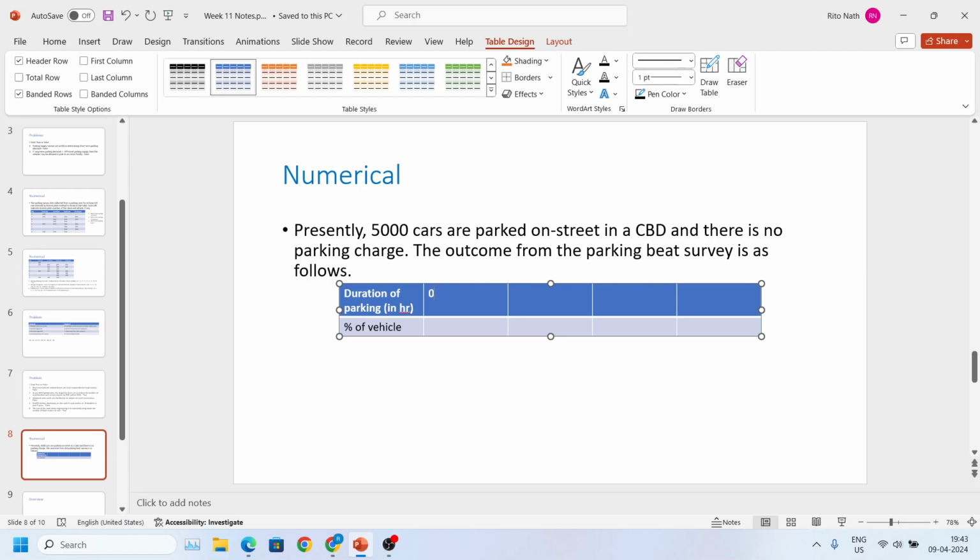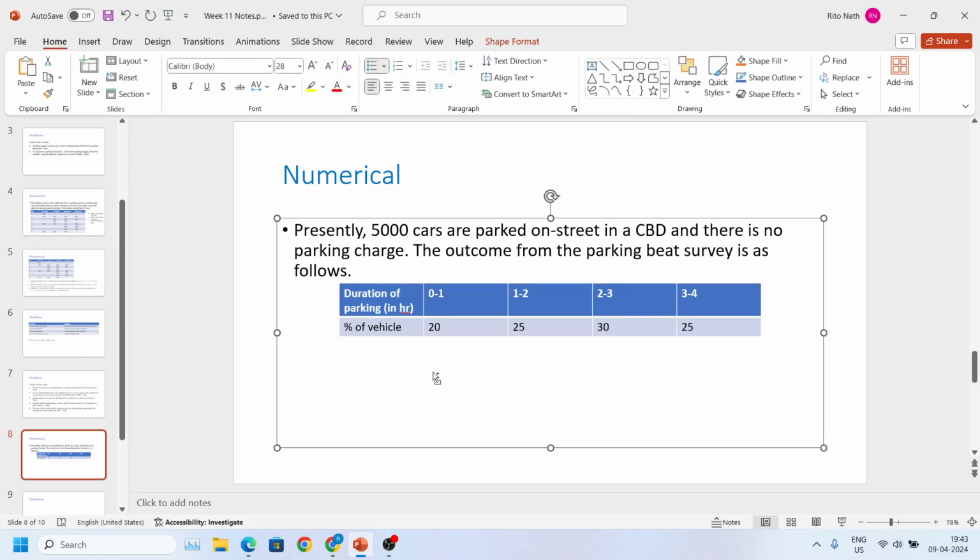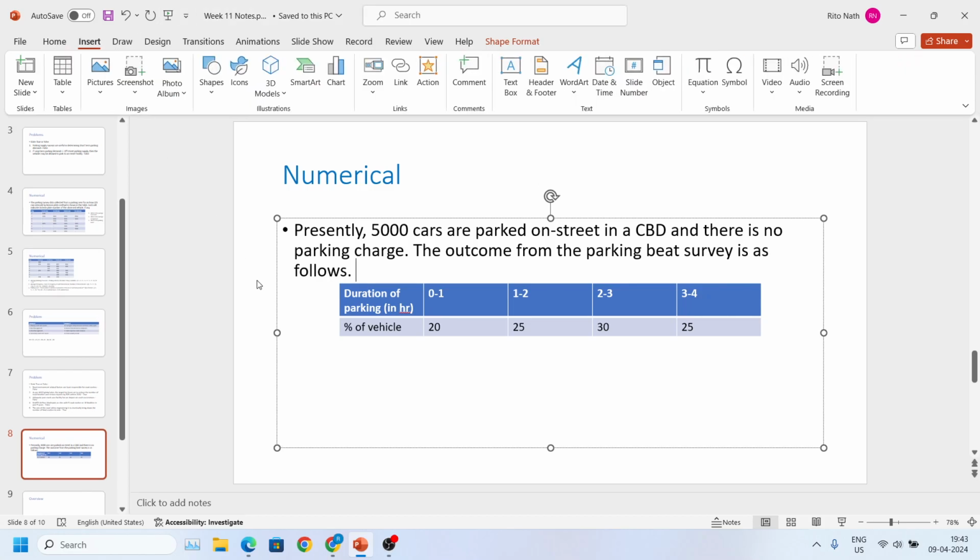So this is 0 to 1, this is 20. From 1 to 2 hours, 25% vehicles are there. 2 to 3, 30% vehicles are there. And this is 4 hours data, 25% vehicles are there. Now, let me write down the rest in here.